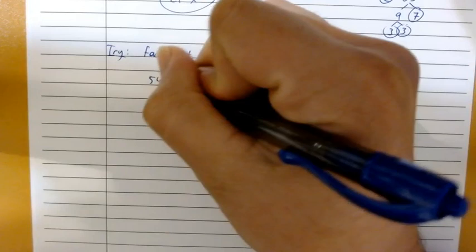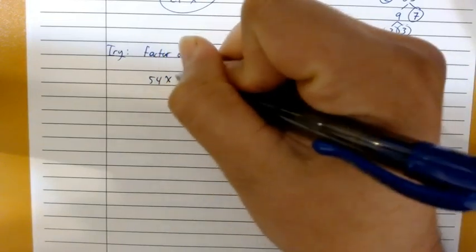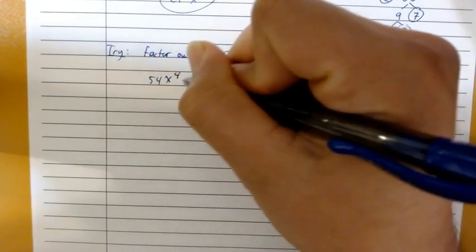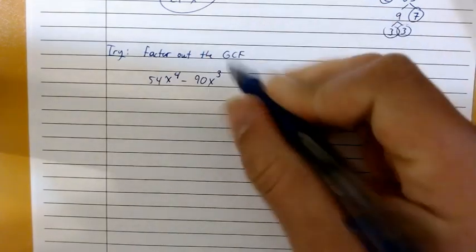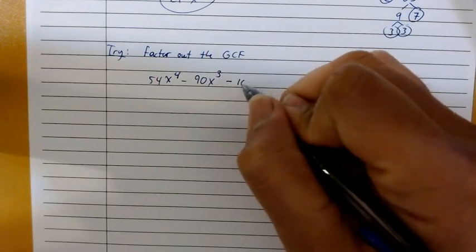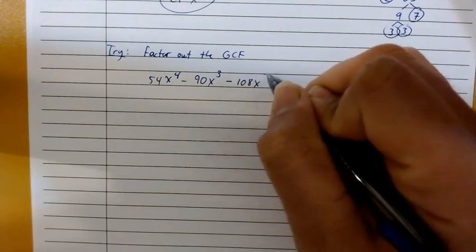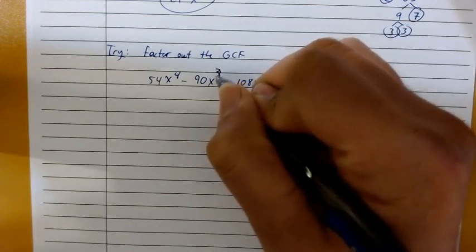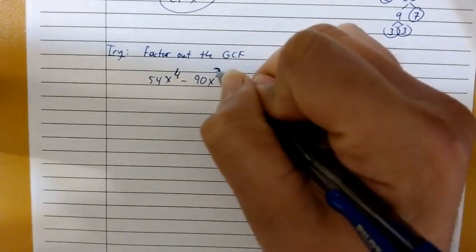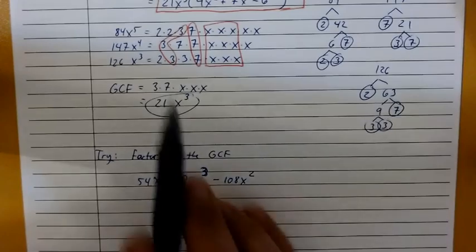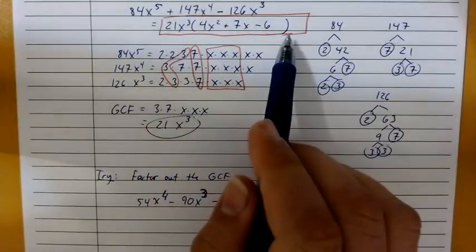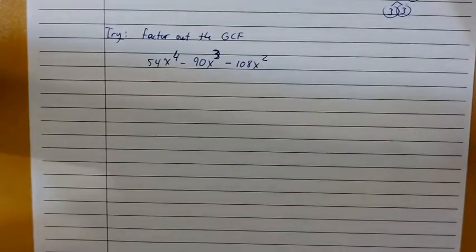Let's do 54x to the 4th power minus 90x to the 3rd power minus 108x to the 2nd power. All right, go ahead and pause the video, find the greatest common factor, and then complete the factorization all the way out to this. Once you have a result, go ahead and unpause and we'll go through it together.